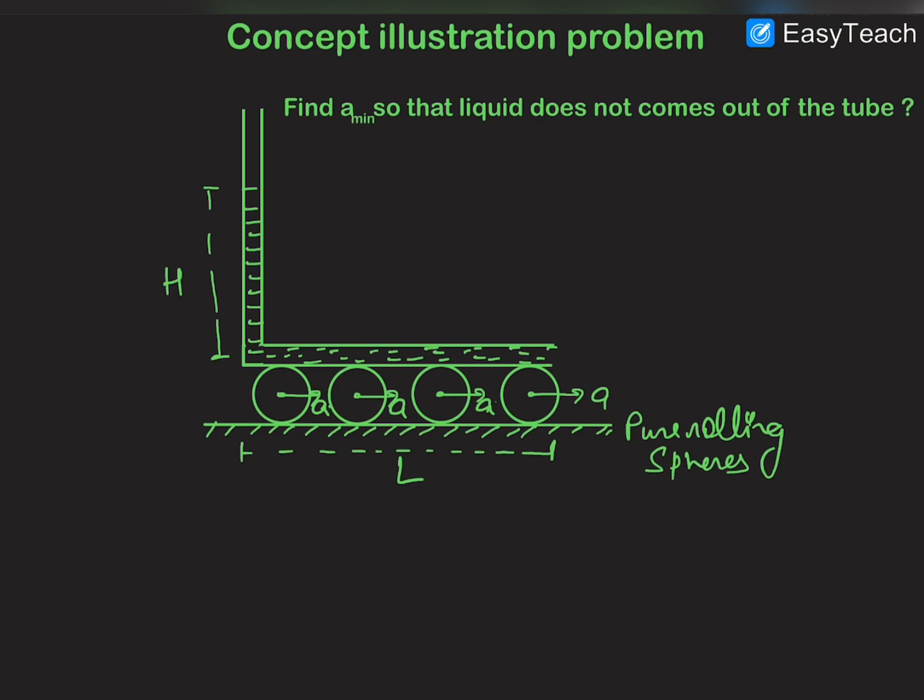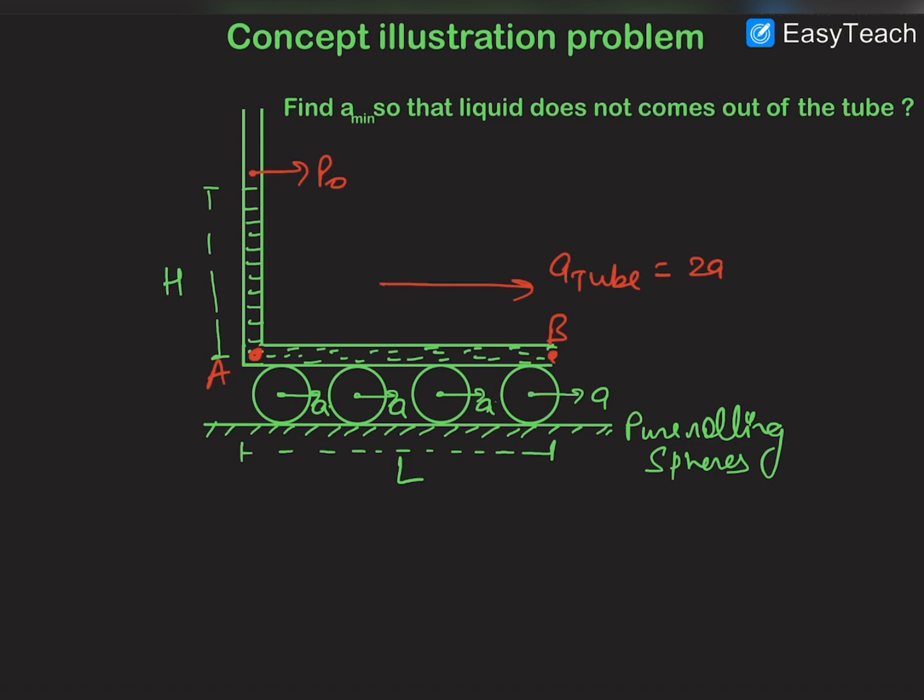So let us see the situation. If this point is A, this point is B, it is just inside the liquid. And the pressure at this point is P naught. So we can say that the acceleration of the tube will be equal to 2a, because it is rolling on the top of spheres, and in pure rolling we know that if the centers are moving with an acceleration of a, then the top point will be moving with the acceleration of 2a.